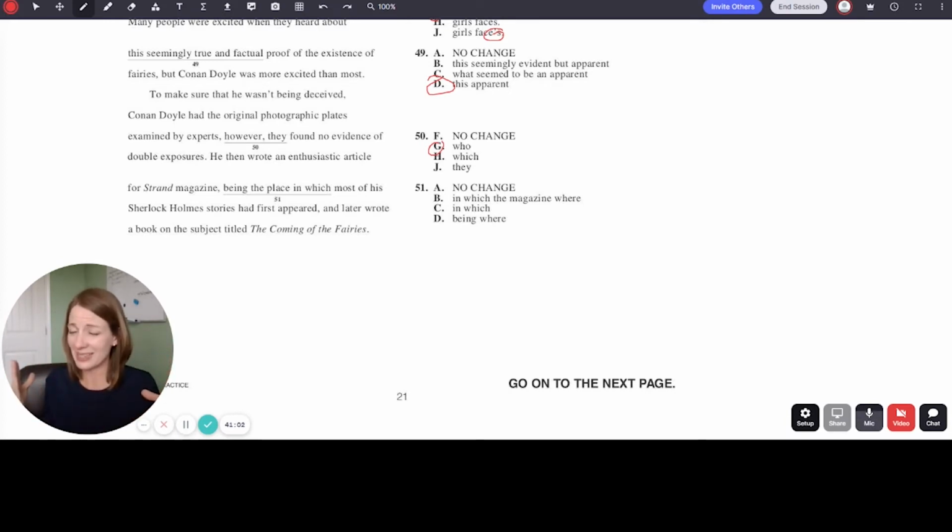Usually, if it's being in the answer choice, it's not the right one. It makes me think in which. B is just repeating too much. See, we got magazines here. We're not going to repeat magazines again. Usually, I'm going to say it's C.